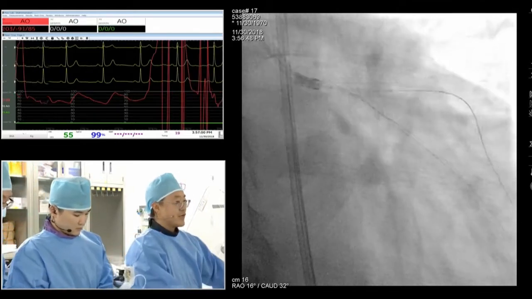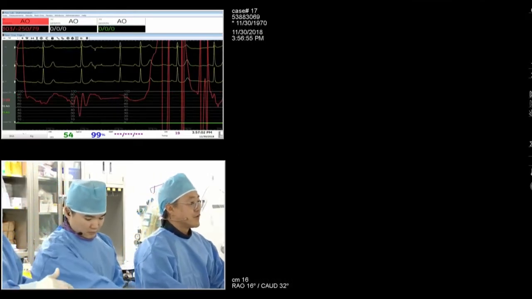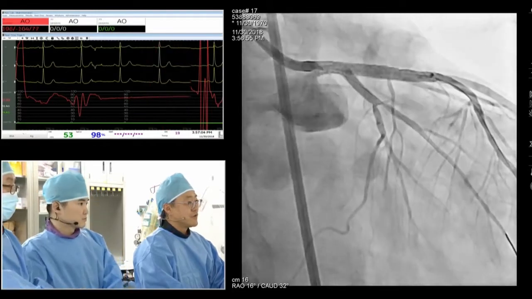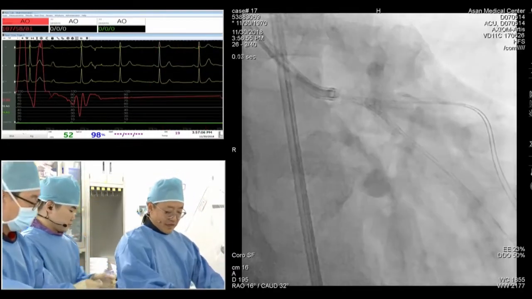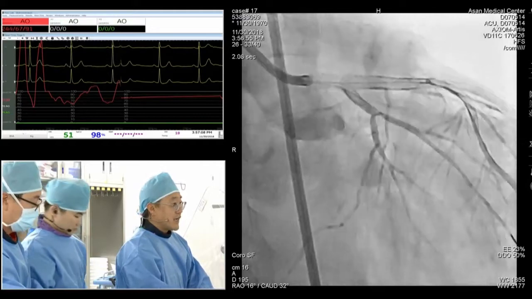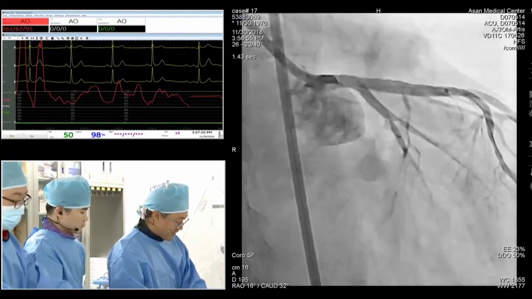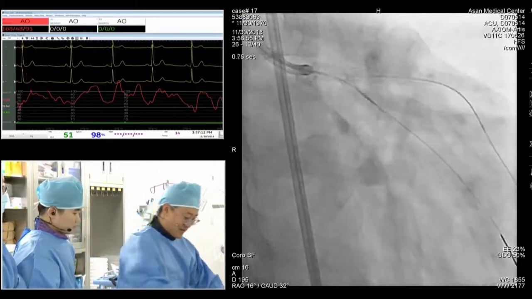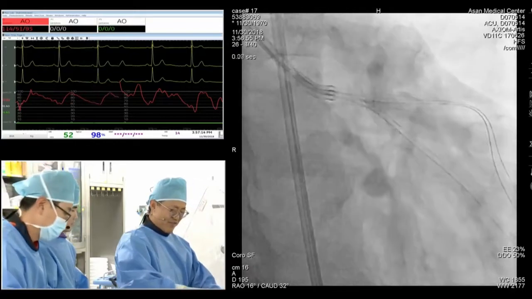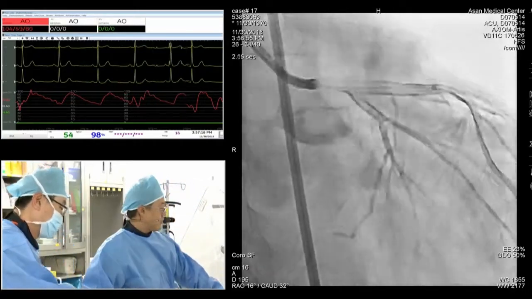Okay, Angel, ready? Okay, shoot. Great. Would you show us a spider view? I have no question, you really did a very meticulous pre-dilatation. Yeah, right. Nitro and then spider view. Very well.